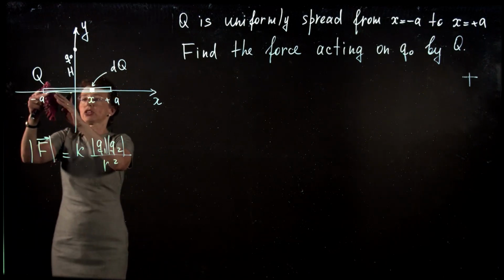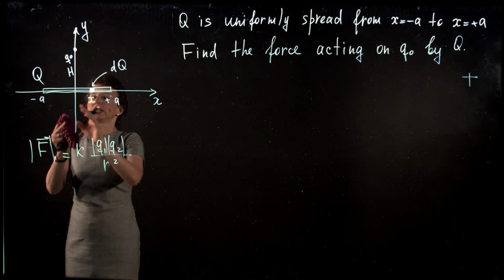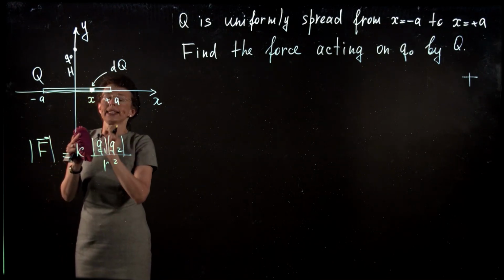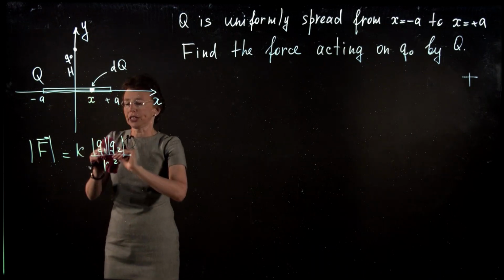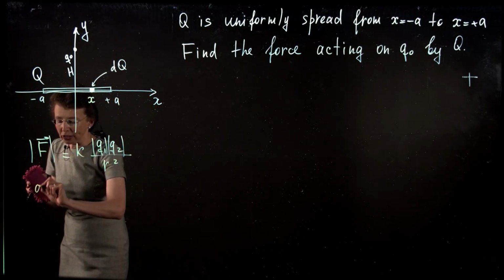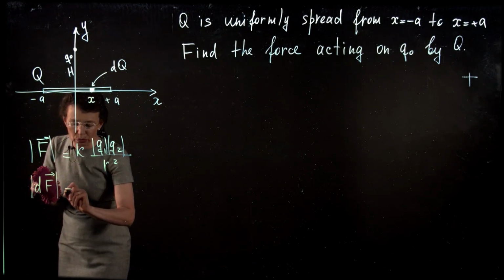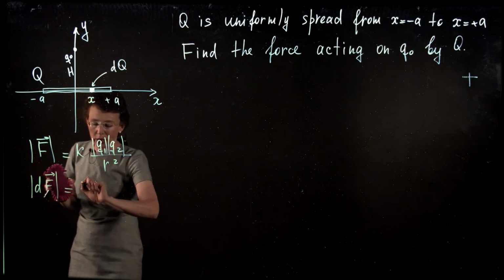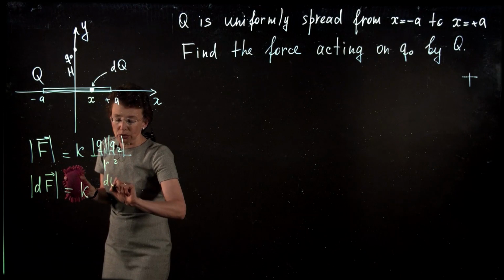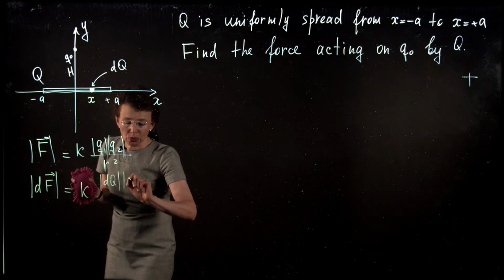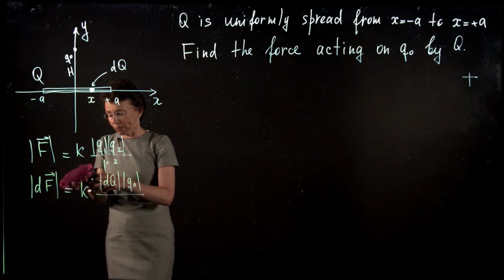Then we slice this rod into dq, dq, dq everywhere, and we can integrate from minus a to a over the rod. So here's dq. Now I can write df, the magnitude of force between dq and q node. It is coefficient k, then magnitude of dq, magnitude of q node, divided by distance between them squared.